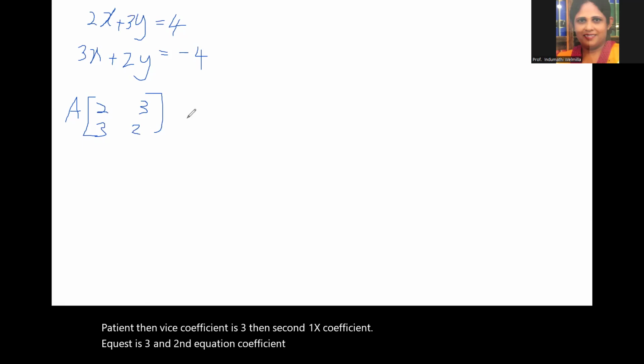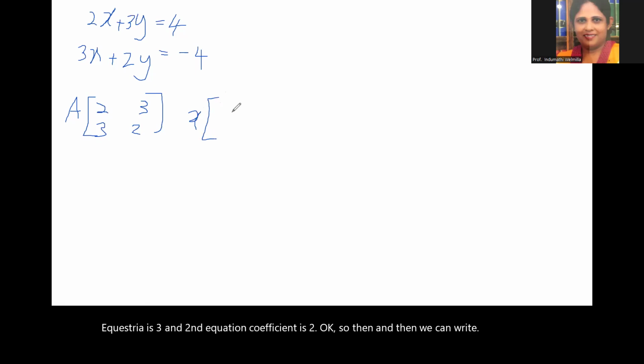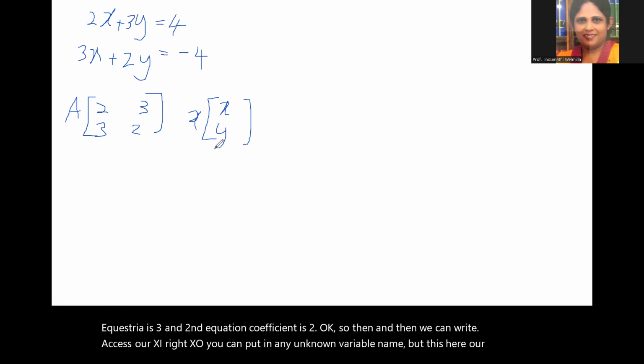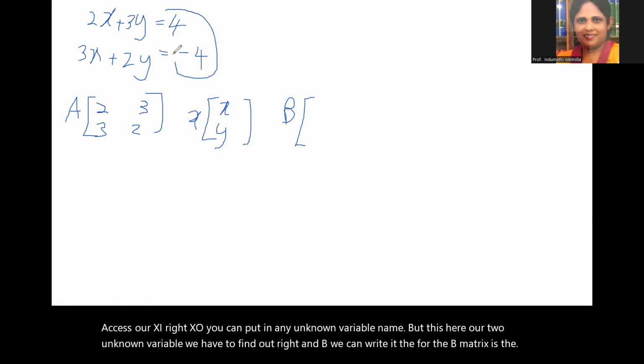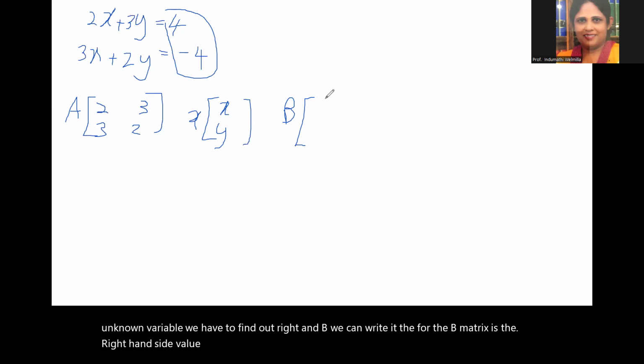Then we can write X as our x and y. You can use any unknown variable names, but here are our two unknown variables we have to find out. And B is the matrix of the right hand side values of the given two equations, 4 and minus 4.